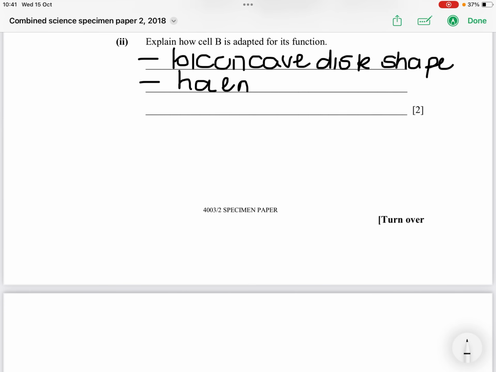They also have the hemoglobin. You need to talk about the hemoglobin. So again, it is not a matter of just writing hemoglobin. You're supposed to link that hemoglobin to function. They contain the hemoglobin, which binds to oxygen. And also, you need to talk about the red blood cell lacking the nucleus.